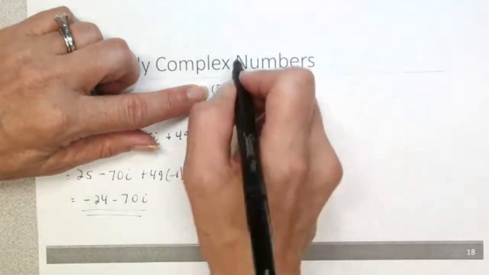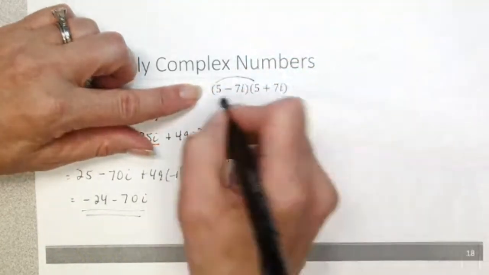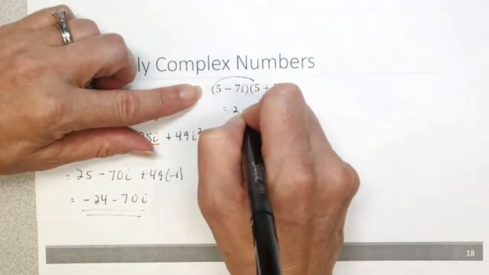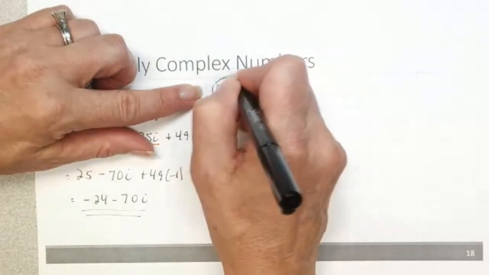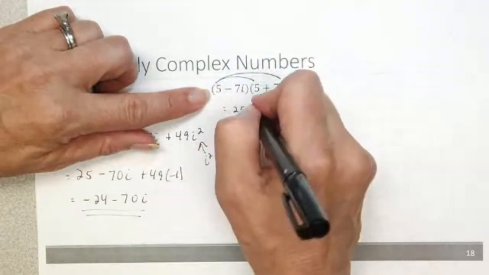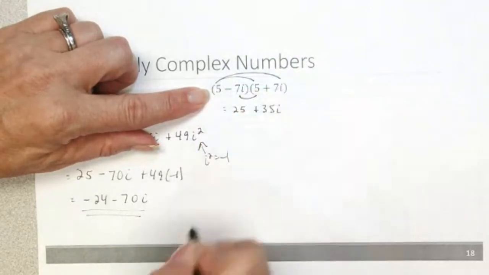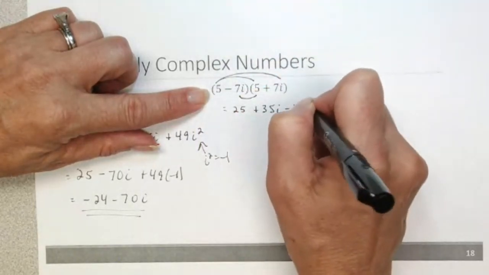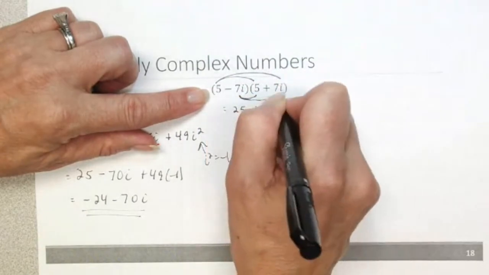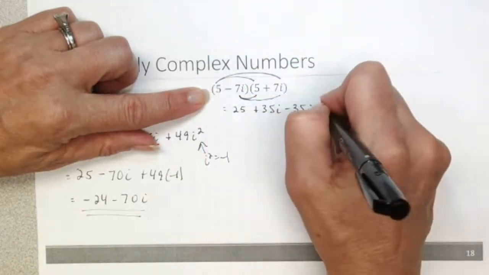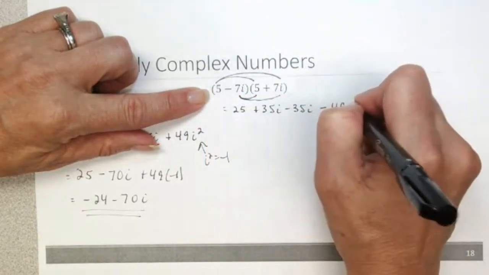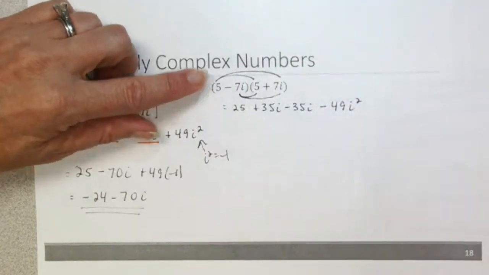Watch this. Let's multiply each term with each term. 5 times 5, of course, is 25. Then we have 5 times 7i, that's plus 35i. -7i times 5 is minus 35i, and -7i times positive 7i is -49i squared, right?